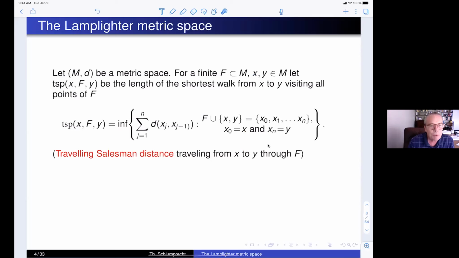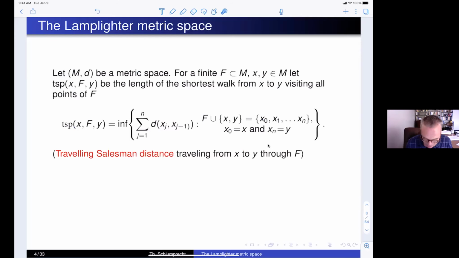The traveling salesman problem asks for the shortest walk from x to y, visiting all points of F. Formally, TSP(x, F, y) is the infimum of the sum of distances, where you order the union of {x, y} and F into a sequence starting with x and ending with y, and add up the distances over the reorderings.